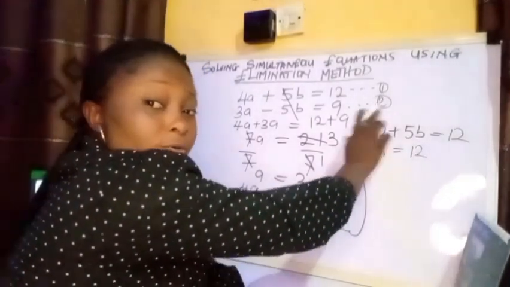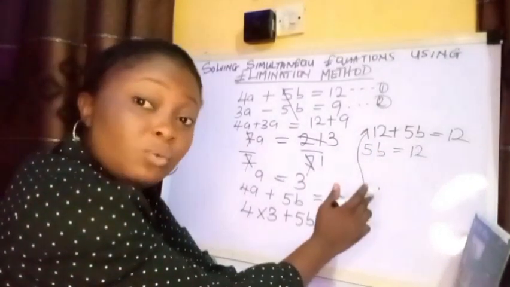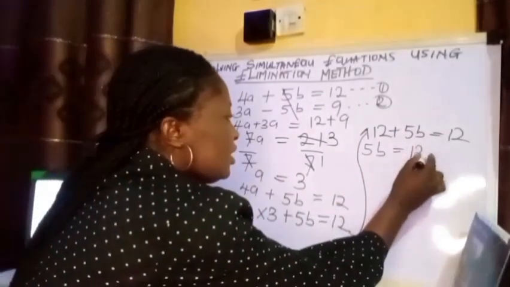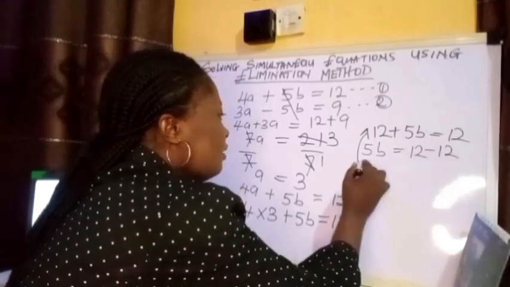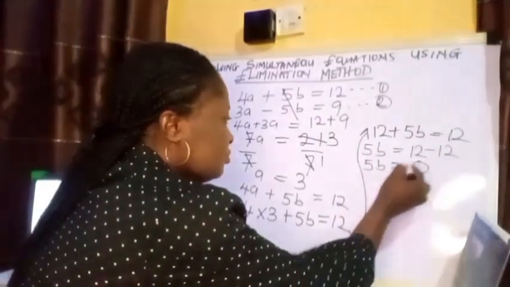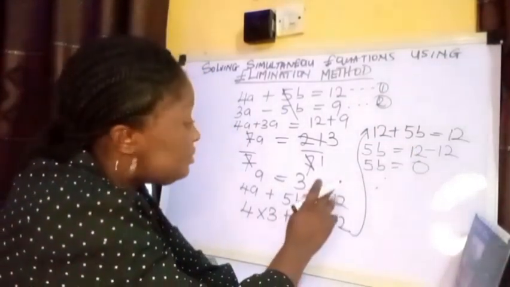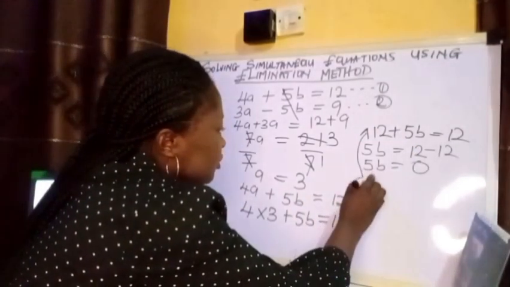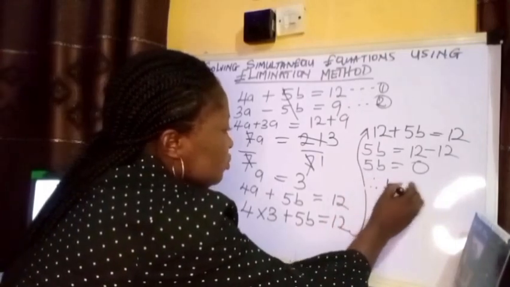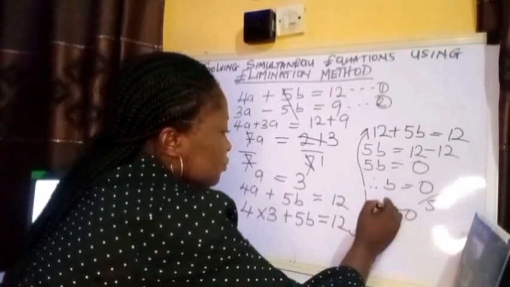This 12 will cross the equality sign, and because it is crossing the equality sign, the sign will change from positive to negative, minus 12. So we have 5b is equal to 12 minus 12, which is 0. Therefore, we divide both sides of the equation by the coefficient of b, which is 5. Therefore, our b is equal to 0 over 5. Our b is equal to 0.